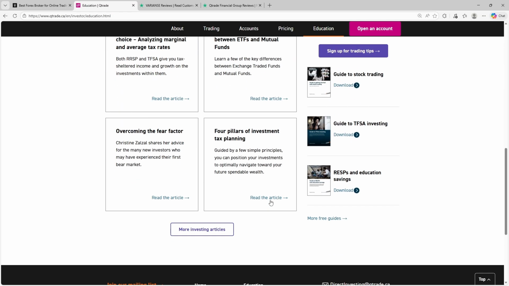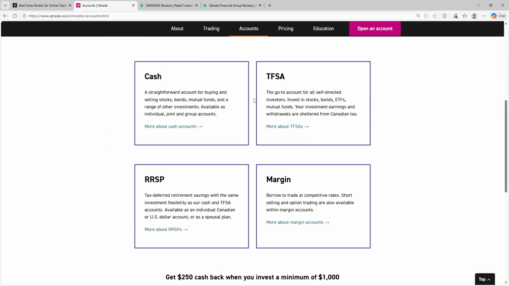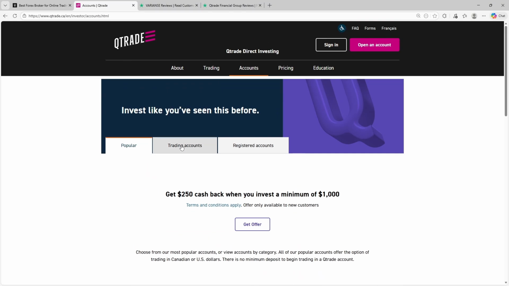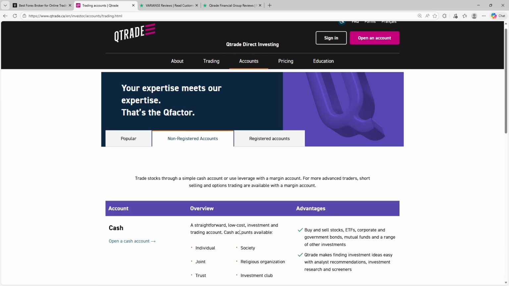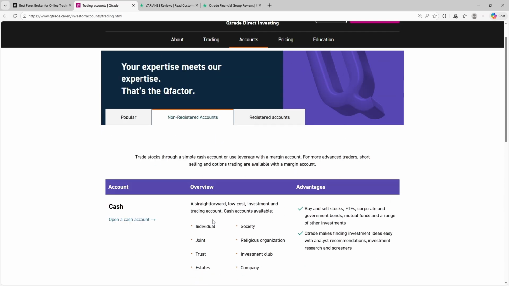In terms of account structure, QTRADE offers a wide range of account types designed for both registered and non-registered investing. These include cash accounts for straightforward stock and ETF investing, margin accounts for investors who want borrowing and short-selling capabilities, and a full suite of registered accounts such as TFSA, RRSP, RRF, HSA, RESP, and LI-IRA.